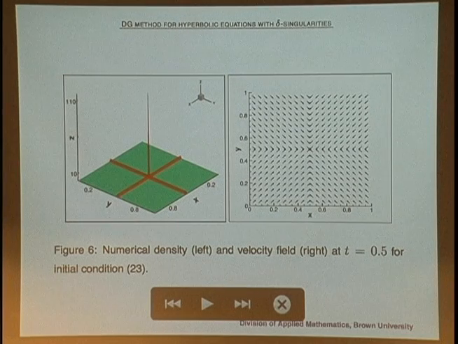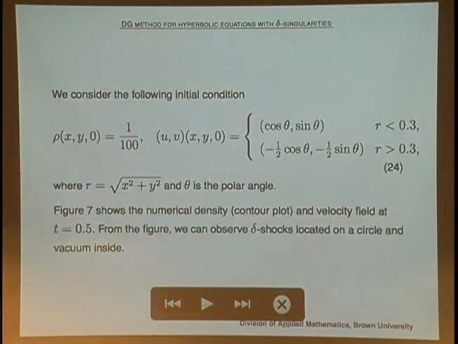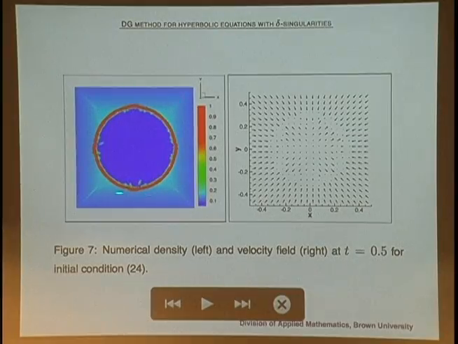Also, there are codimension 1 delta functions and codimension 2 delta functions. The code can handle and compute all of these very well. This is a delta function around the ring, with vacuum basically inside, and so on.